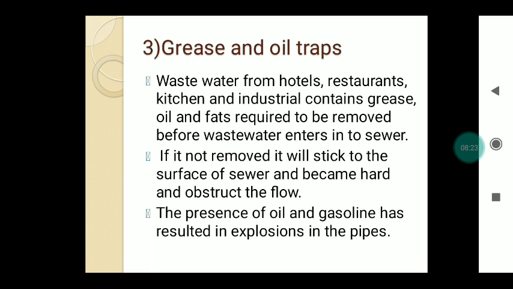If not removed, they will stick to the inner surface of the sewer and become hard and obstruct the flow. Then the flow is not smooth, and the presence of oil and gasoline can result in explosion of the pipe, or it can burst. So these traps are provided.